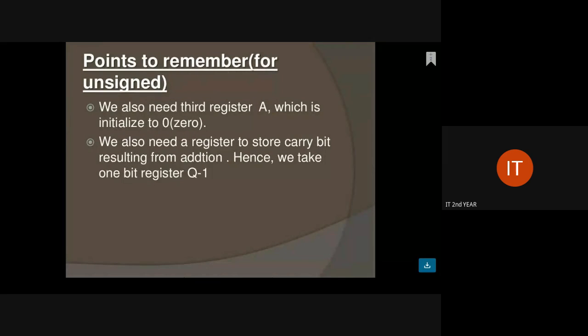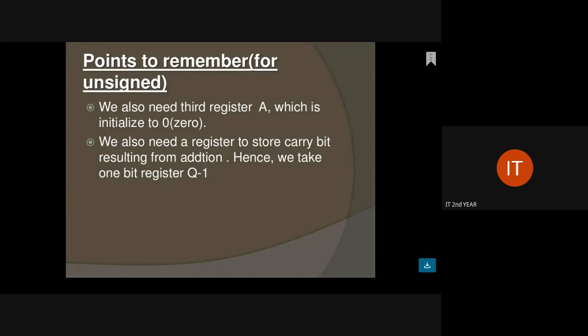Next, we also need a third register, called A. We name it the accumulator register. We already know the benefit of the accumulator register. Whenever we do not mention the name of a register, the default register assigned will be the accumulator.